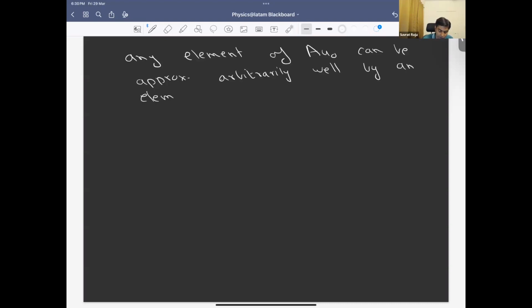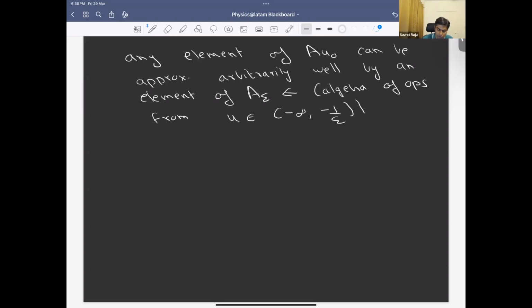What was A epsilon? A epsilon was the algebra of operators from u equal to minus infinity to minus 1 over epsilon. This was this algebra of operators, right?